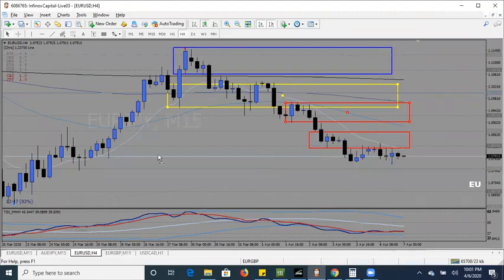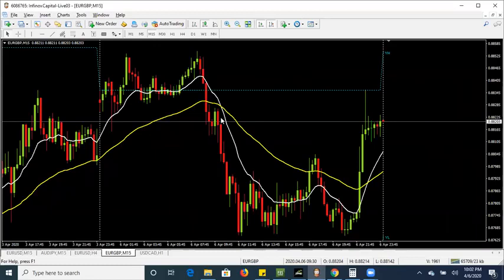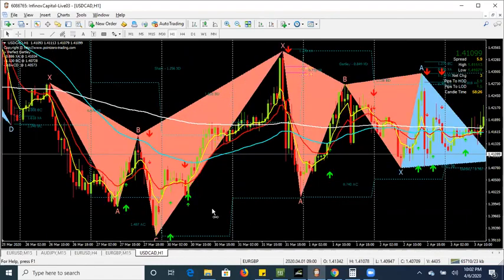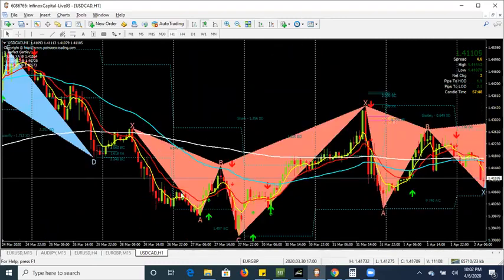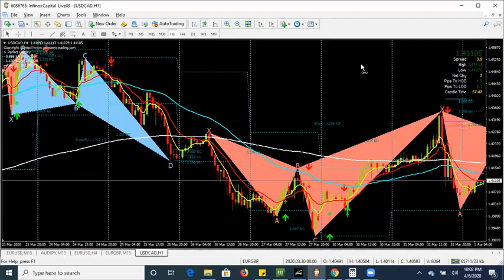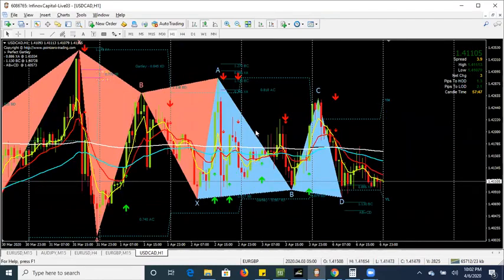Depending on who you're following, it might be someone who likes using moving averages, and you could have them in various shapes and formats, right? Or perhaps a harmonic pattern type of person.